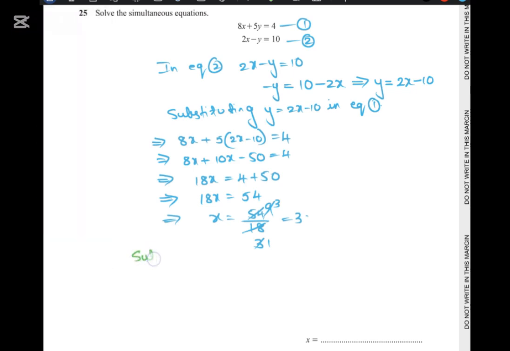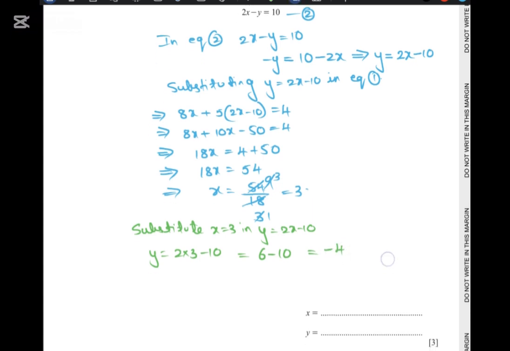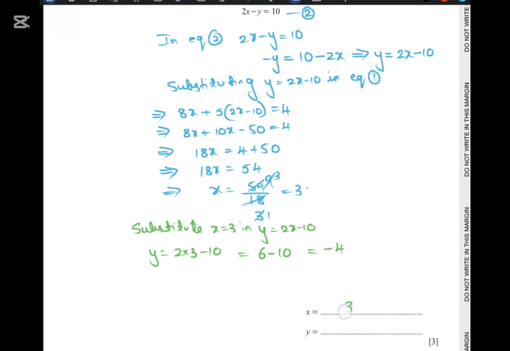Substitute x is equal to 3 in y is equal to 2x minus 10. So y is equal to 2 into 3 minus 10, that is 6 minus 10, that is minus 4. So we got the values of x and y. x is equal to 3, y is equal to negative 4.